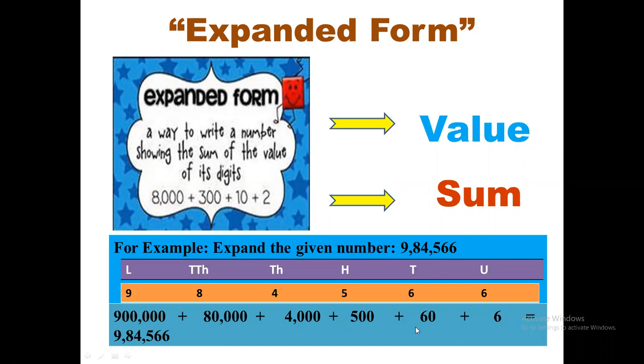You can see in between these numbers I have placed the plus sign because for the standard form, that means for the answer, I have to add all these numbers together. So the answer will be 9,84,566. Expanding means that you are going to expand these numbers with respect to their value, that means with respect to their worth in this place value chart or in this 6-digit number.